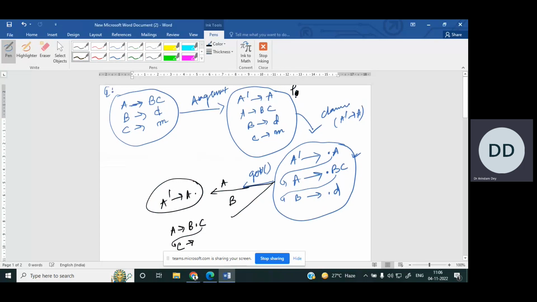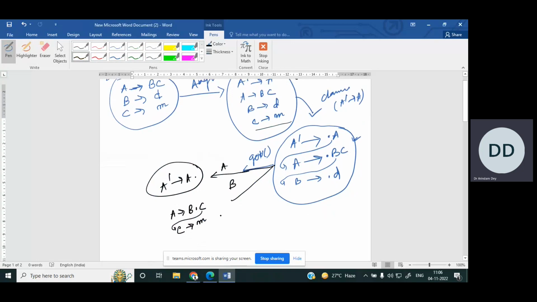Correct? So I termed it as P naught, the parent set. So C can be expanded to C to M. So I am writing C to dot M. Right? No more expansion is possible. So I am marking it as another set. Right? So this is an add-on. Now another movement is possible over this terminal D. So it will be B to D dot.